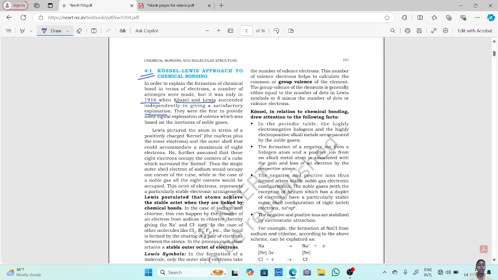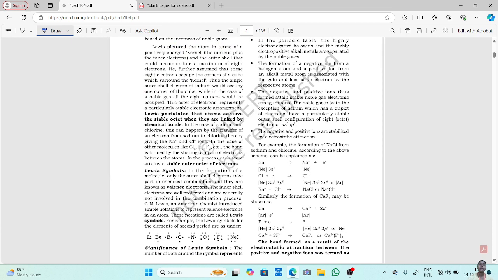Okay, regarding the valencies. Now, Lewis pictured the atom in terms of a positively charged kernel, the nucleus plus the inner electrons, and an outer shell that could accommodate a maximum of 8 electrons. Now, what did Lewis picture of an atom?